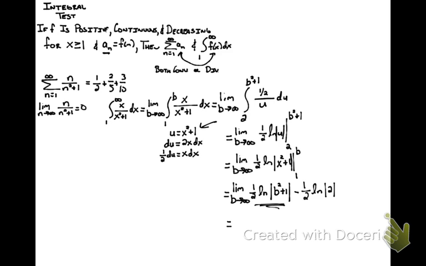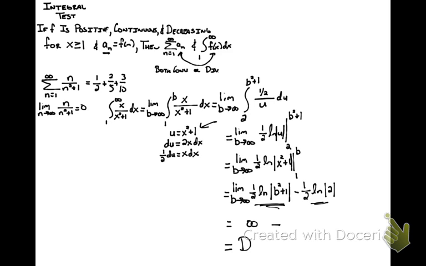This part, when I plug infinity in, I get infinity squared plus 1. That's huge. And the question that goes with natural log is e to what power is this huge thing? Well, that's going to be infinity. The second part, e to what power is 2, is some number, but subtracting that number, or adding that number, whatever the case may be, from infinity is irrelevant.